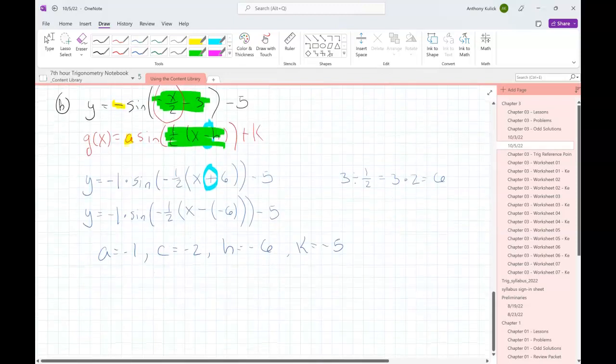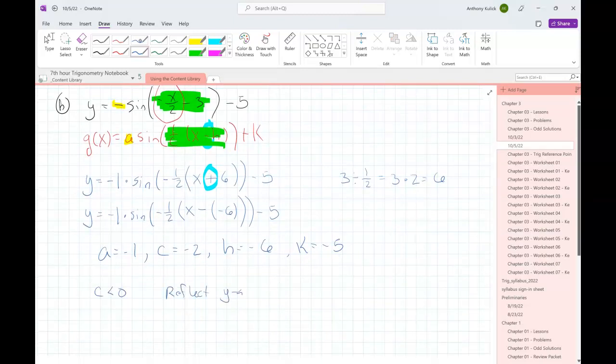All right. Since the c is negative, we have a reflection across the y-axis. And since the magnitude of c is bigger than 1, we have a horizontal stretch by a factor of 2. Since the a is negative, we're going to have a reflection on the x-axis.